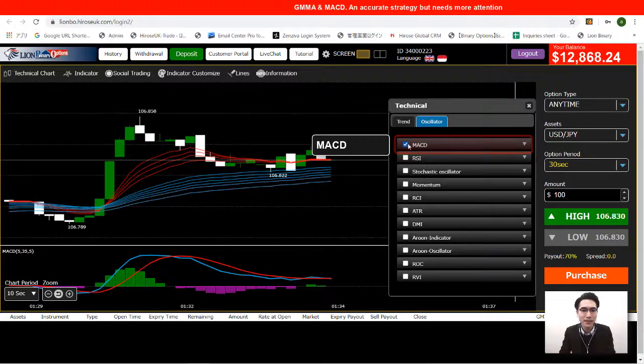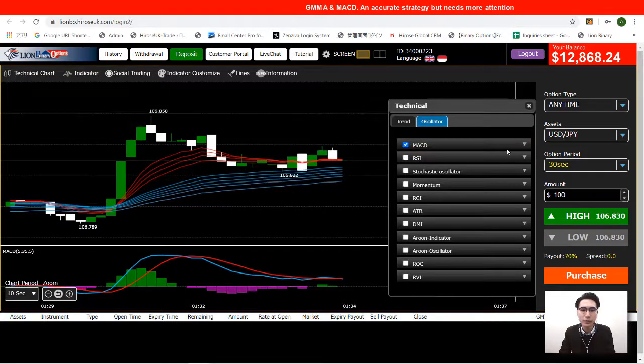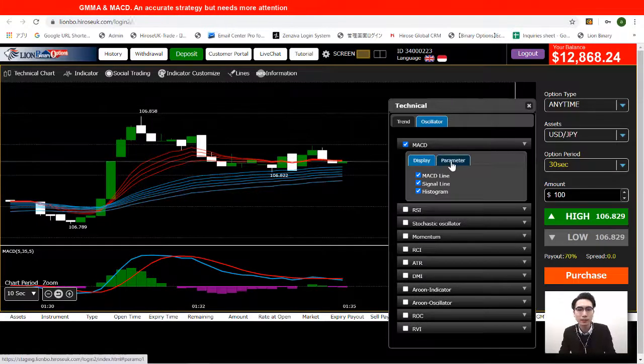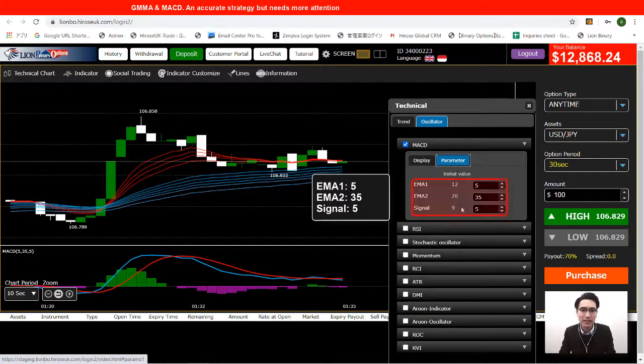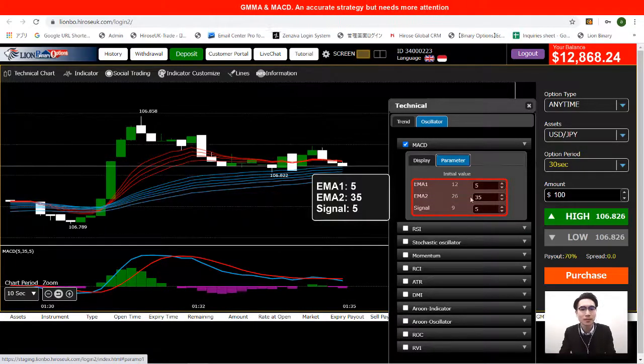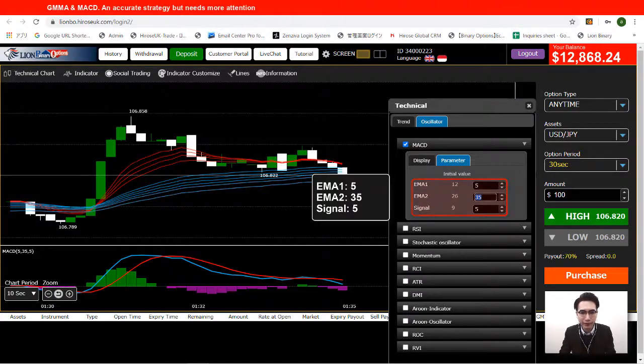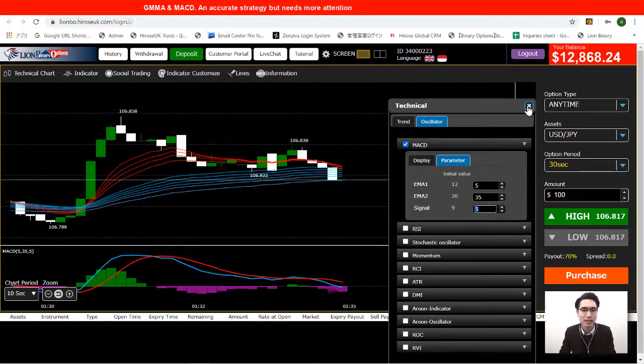Put a tick on MACD, and then open the drop down for MACD. Now we go to parameter. EMA1 is 5, EMA2 is 35, signal is 5. So again, EMA1 is 5, EMA2 is 35, signal is 5. Now the indicators are all set.